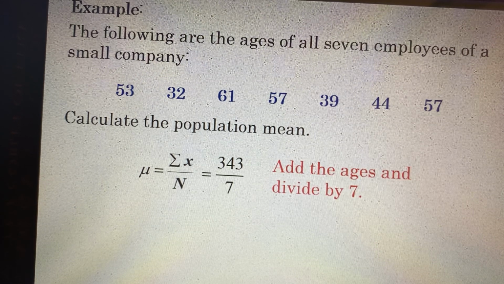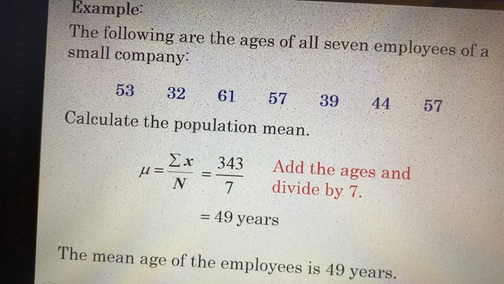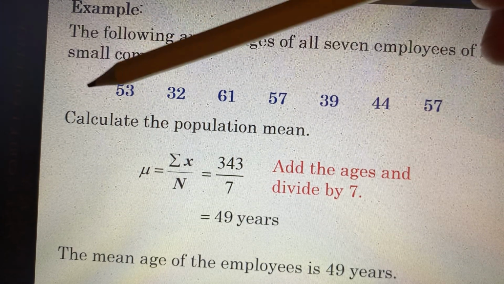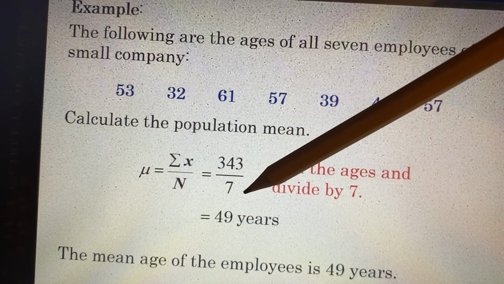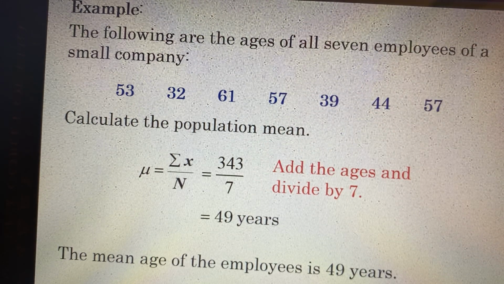Add the ages and divide by 7. Okay, so when we add up all of the numbers, we get 343. Divided by the number of employees, 7, gives us an average of 49. The mean age of the employees is 49 years.